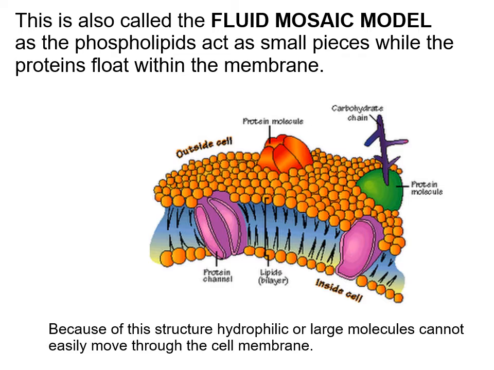Now, remember these phospholipids that we'll talk a little bit about, they have hydrophilic as well as hydrophobic ends. Because of this structure, hydrophilic or larger molecules can't get through the membrane on their own because there's this whole hydrophobic part to the cell membrane itself. And this is where we're going to have certain channels that will allow transport of certain molecules across the cell membrane.